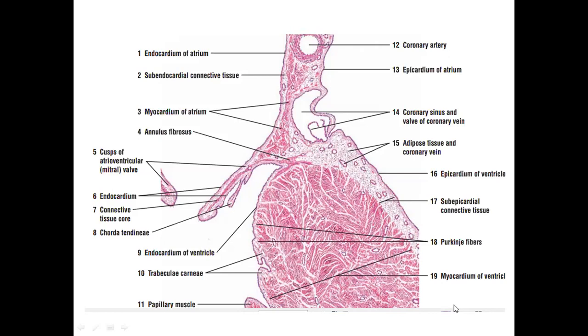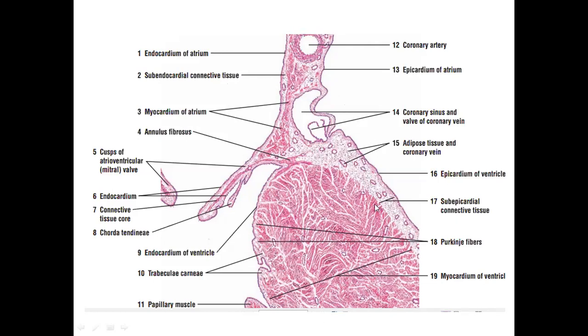With this, we are almost finished with the histological description and some micrographic identification of the walls of the heart. What is important, you must have the orientation from where the piece of the micrograph was taken, which side is facing the chamber side and which is the side which is facing the outside of the heart.